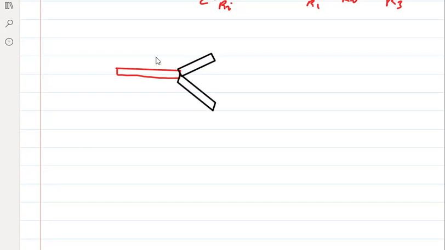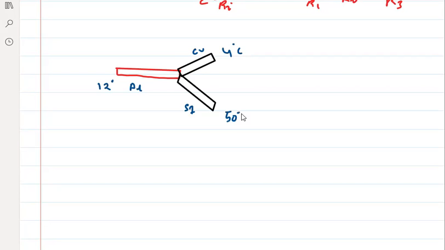This is aluminium, this is copper, and this is steel. One end is at 12 degrees centigrade, another at 4 degrees centigrade, and the third at 50 degrees centigrade.